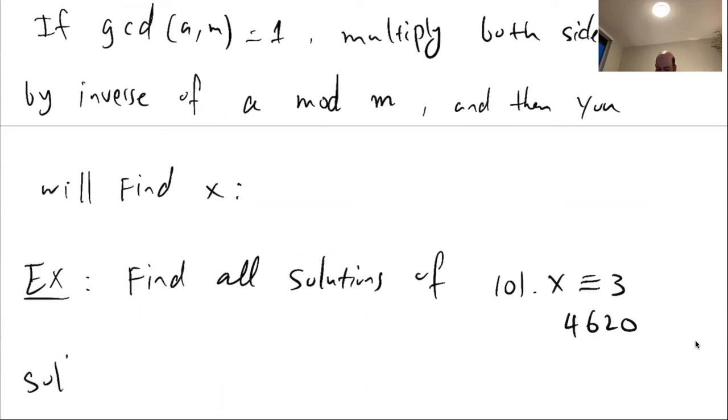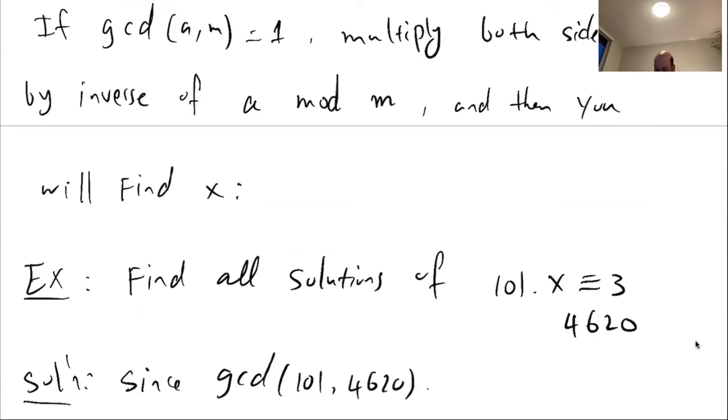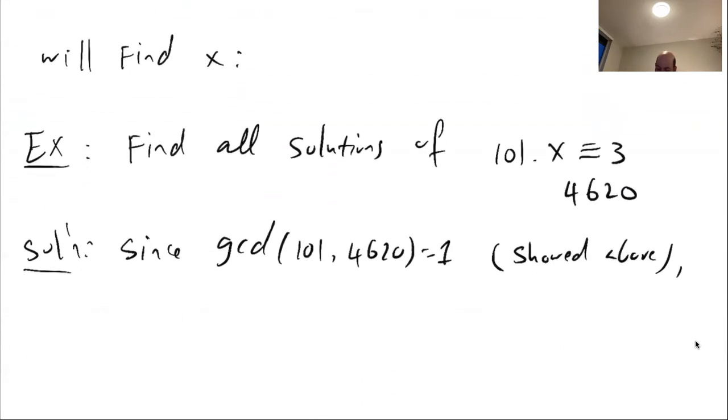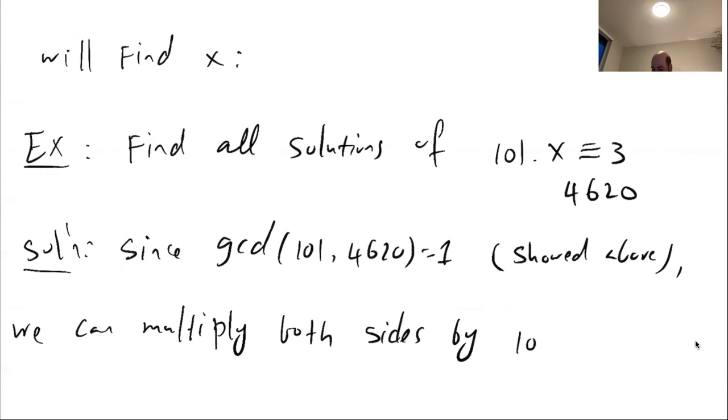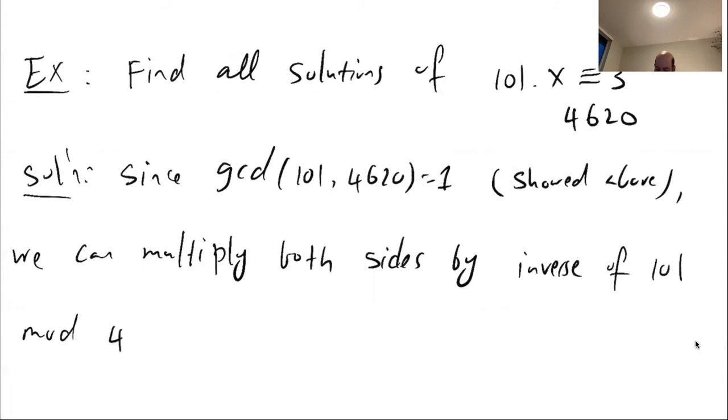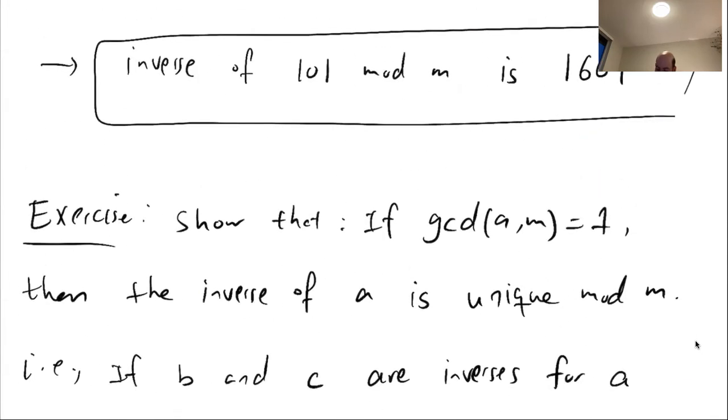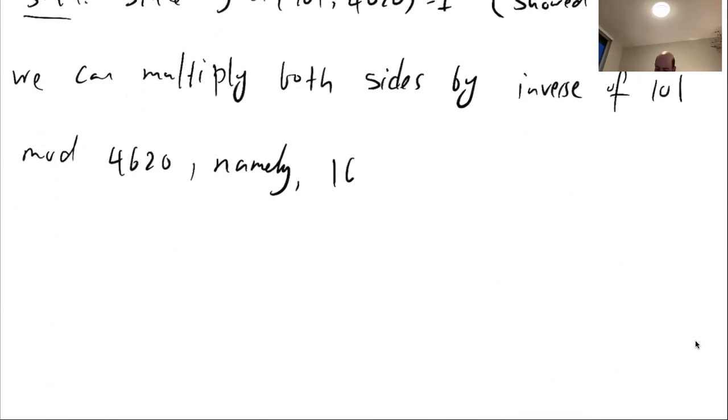So since GCD of 101 and 4620 is 1, which we showed above, we can multiply both sides by the inverse of 101 mod 4620, namely, what was that number? Inverse was 1601. Derived above.